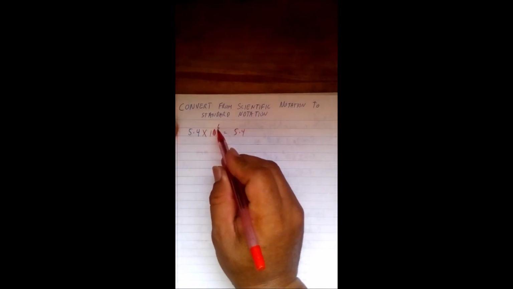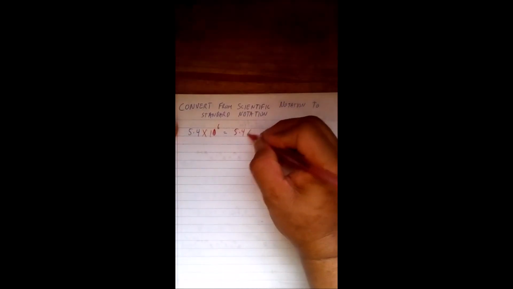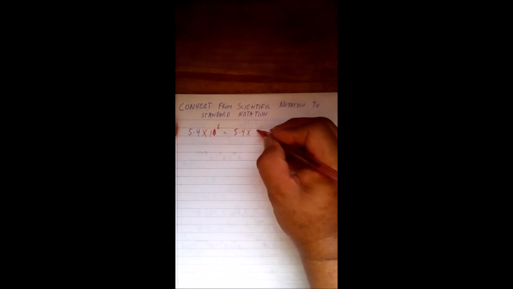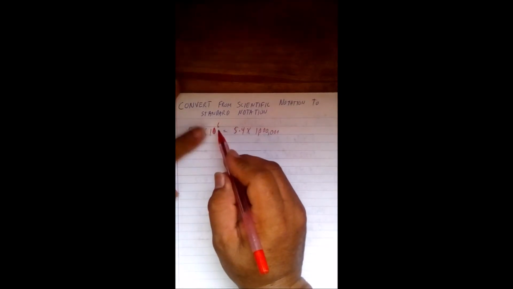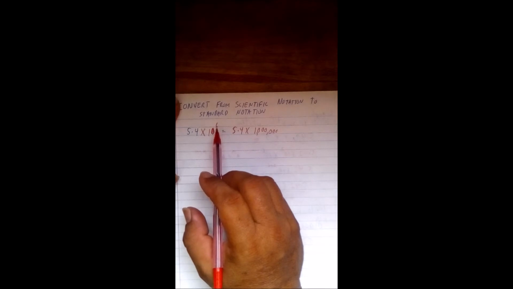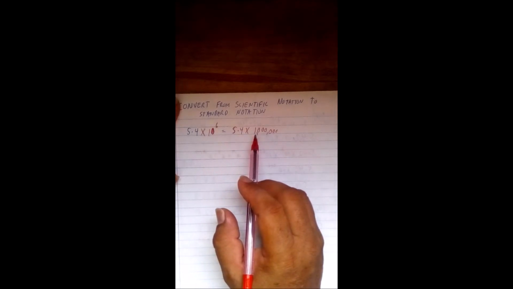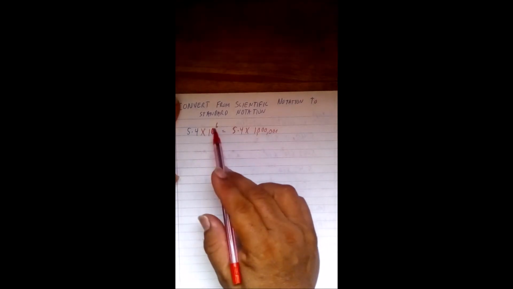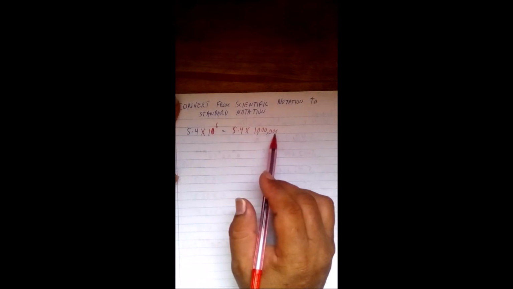This 10 to the 6th power means times 10 with 6 zeros. Now this 10 to the 6 is equal to 1 followed by 6 zeros. This tells you how many zeros there are.